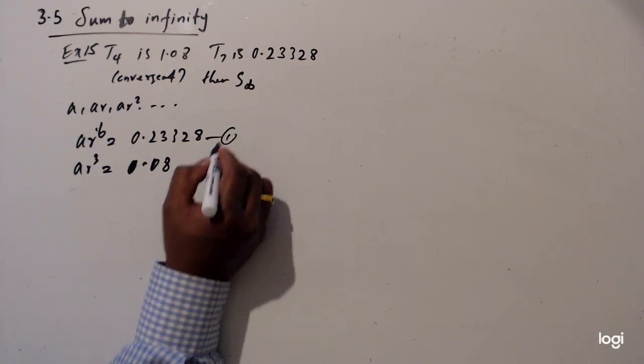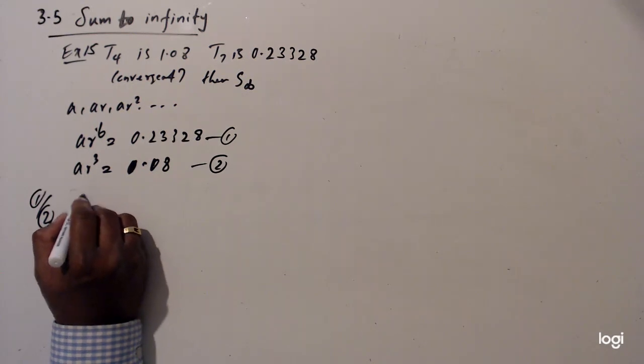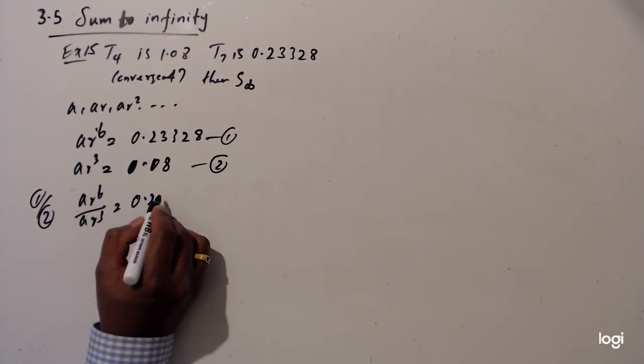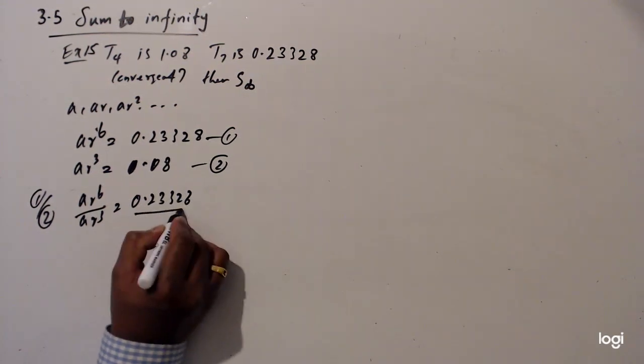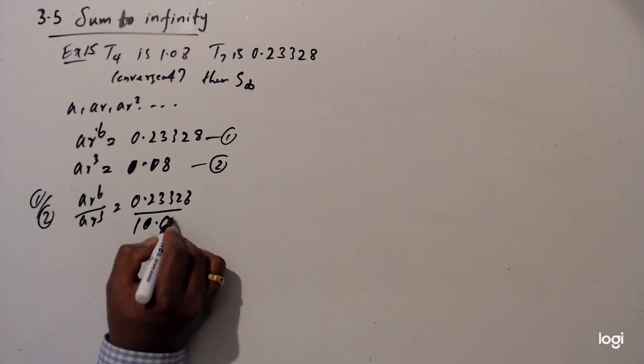Call these 1 and 2. When you divide 1 by 2, ar^6 over ar^3 equals 0.23328 over 1.08.